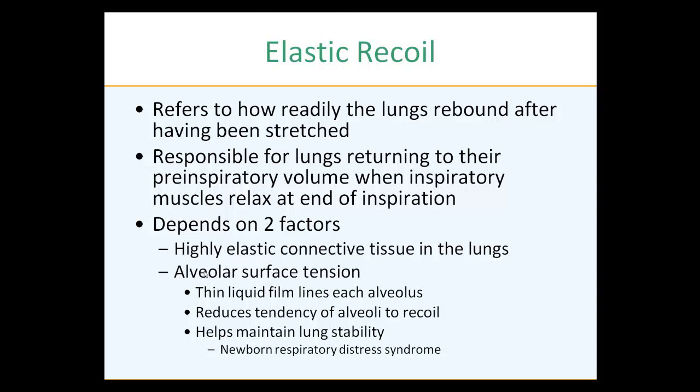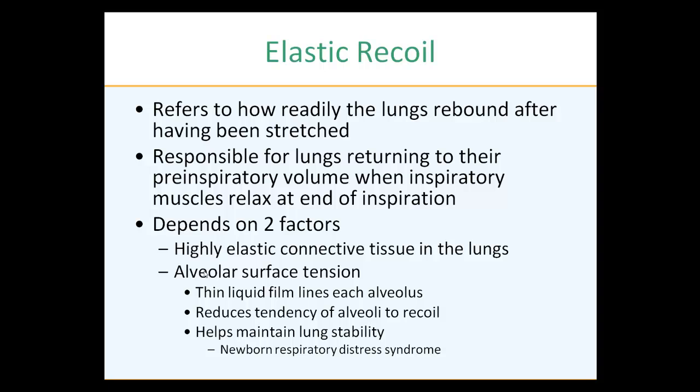As I told you before, the alveoli are covered with a very thin layer of water, and we all know that water likes to stick together because of the hydrogen bonds. That's why when you make a drop of water, it makes almost a sphere-like droplet. And if it's left to the alveolar surface tension, the lung wouldn't like to inflate because the water doesn't want to be stretched.